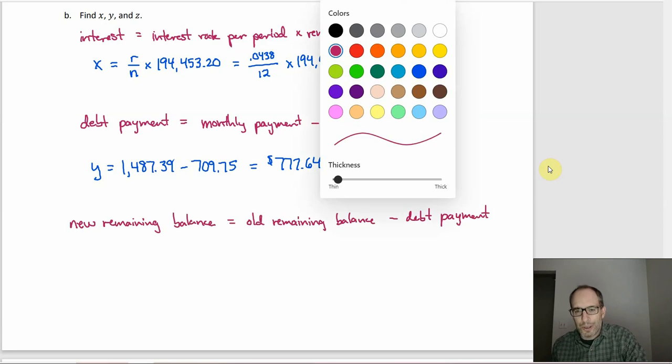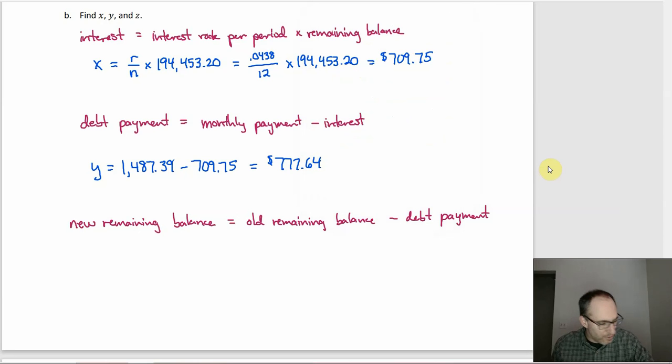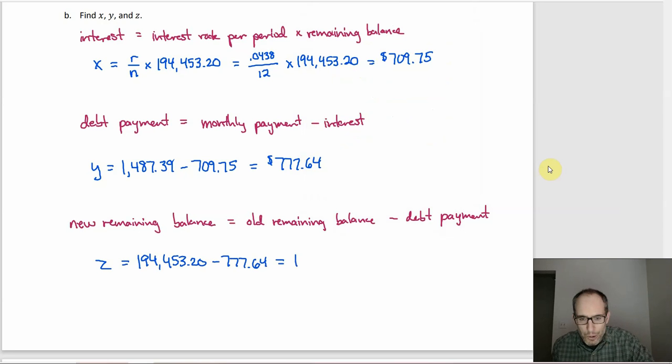All right, so our new remaining balance, which is Z: the old remaining balance was $194,453.20. But then our debt payment is $777.64, so we can subtract that out. And our new remaining balance will be $193,675.56.